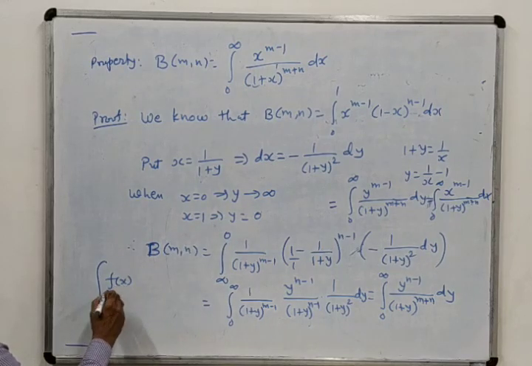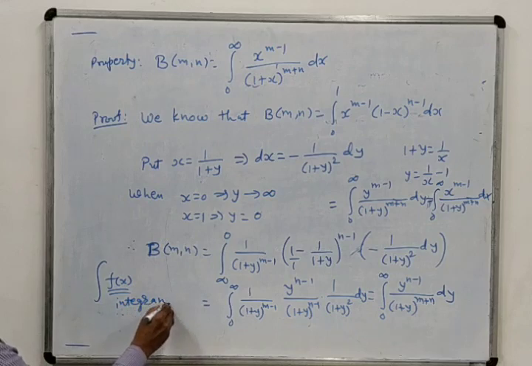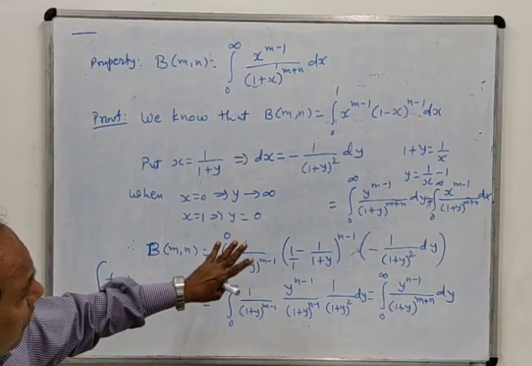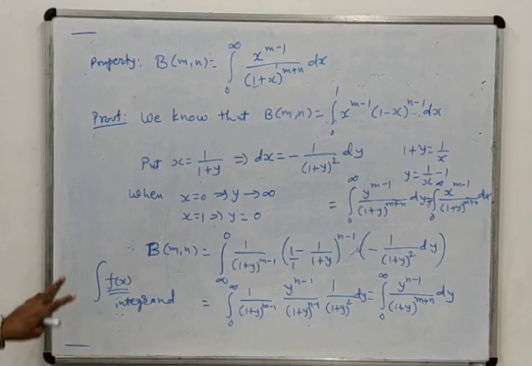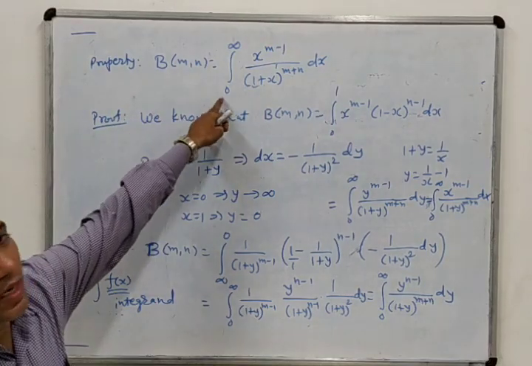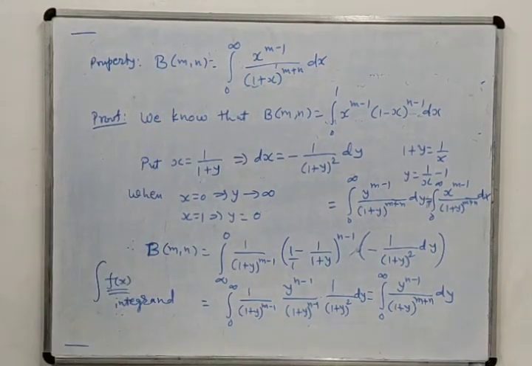This is known as integrand. Okay. So you also note down this proof. It is also very easy. If you do not remember the proof, then there is no matter. But you must remember this formula because it is useful to solve the examples.